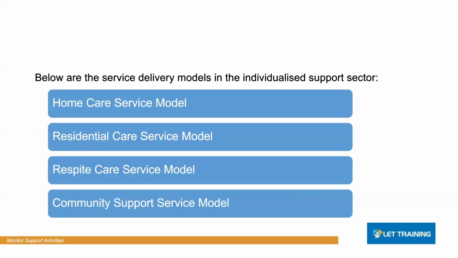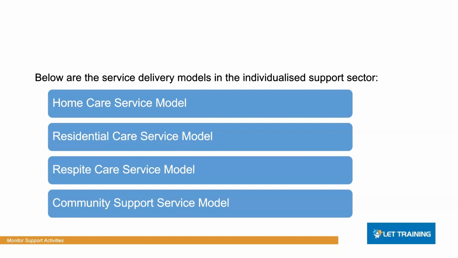So below are the service delivery models in the individualised support sector: a home care service model, residential care service model, respite care service model, and a community support service model. The home care service model: organisations using the model provide services to clients who are able to live in their own homes but require some help.